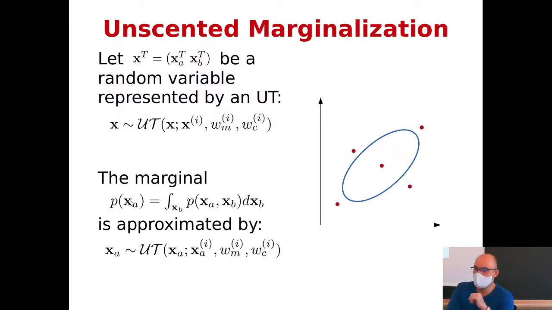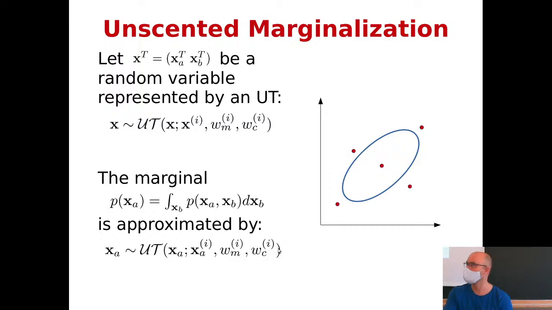Now, if I want to marginalize out xb, which basically means integrating over all possible xb, I could straightforwardly obtain the unscented approximation, which will be a set of sigma points that represent the marginal distribution, so P of xa, as a set of sample points.